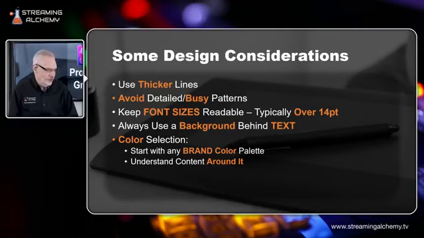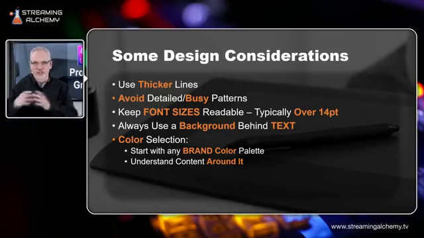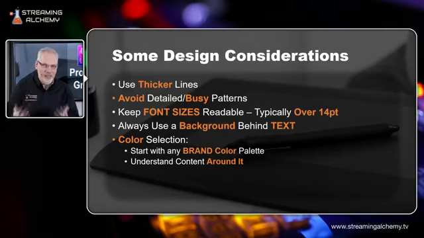So if you're doing something that's for a sporting event and somebody's brand has green in it, you need to make sure that the green that you use to accent their brand and their logo and other things is amply separated from the green in the field that may be part of the pitch that they're playing on behind the image. So these types of things are very, very important.